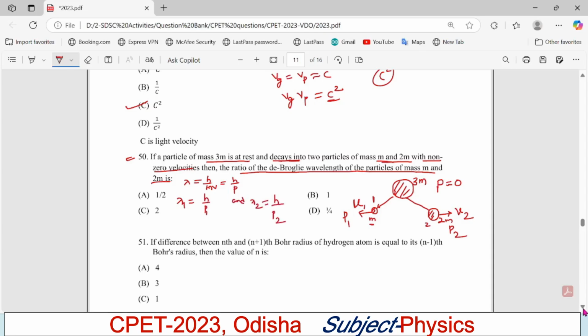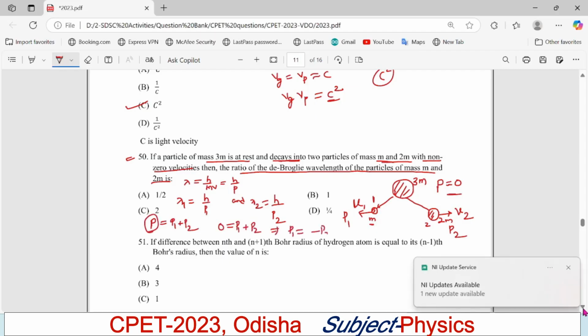Now we are going to use conservation of momentum. Conservation of momentum tells us that the momentum before collision equals the sum of the momenta after collision. Before collision P is 0, so 0 equals P1 plus P2. That implies P1 equals minus P2.